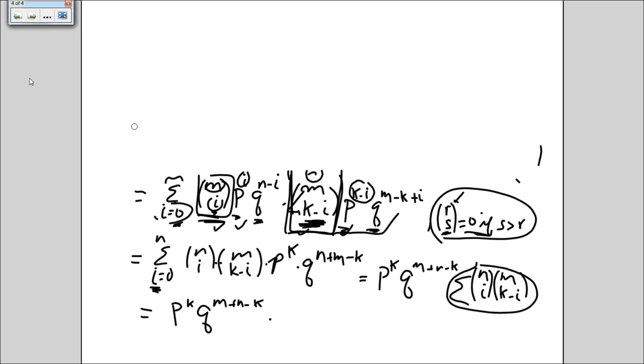I'm going to write down an identity that we should know. The summation of n choose i times m choose k minus i is nothing more than the number of ways of choosing k objects from n plus m objects.